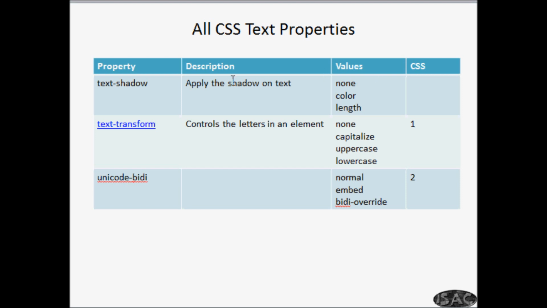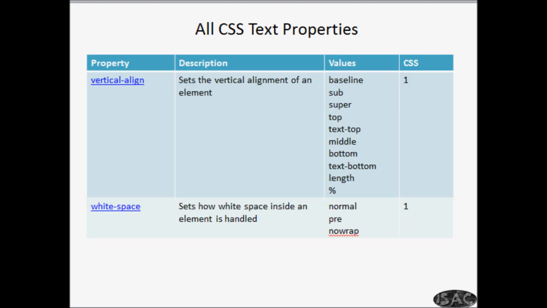Text shadow is there, I'll discuss it later. You can give a shadow effect to text. It is a CSS3 feature. Text transform, you can make capitalize, uppercase, lowercase, right? Okay. Unicode bidi is for bidirectional text. Vertical align, you can use bottom, middle, top, which we have used too, right?